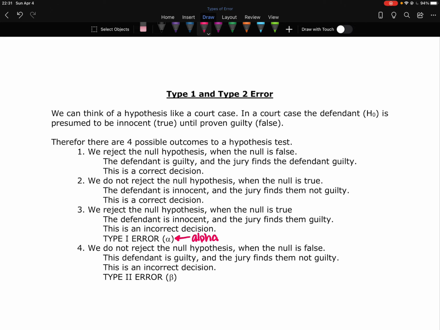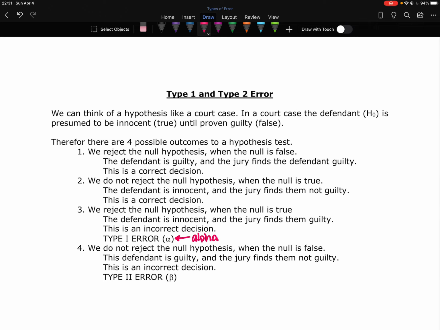If you have a really small alpha value, you are increasing your probability of that type 2 error, but you're also being very restrictive about being able to reject that null hypothesis. So, the takeaway here for type 1 and type 2 error that I want you to know is they are possible, and I want you to know the types of situations where they could happen.